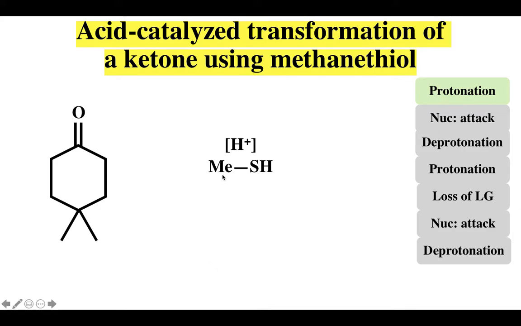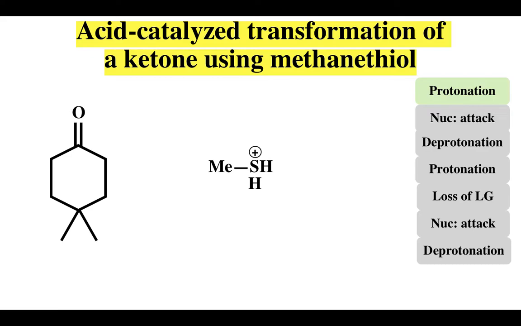So this is methane thiol, and in acidic conditions, it's going to be protonated into its active form in the same way as our acetal mechanism. So you see it has the same 7 steps. We'll just see them all over again and how it's going to result in a different product since we're using a different solvent, methane thiol.